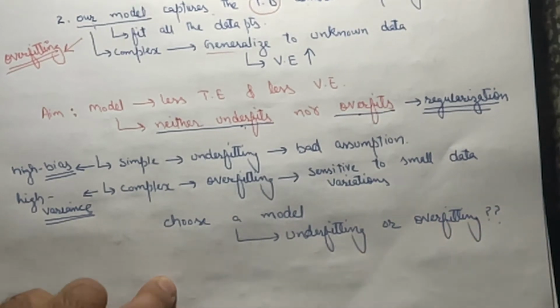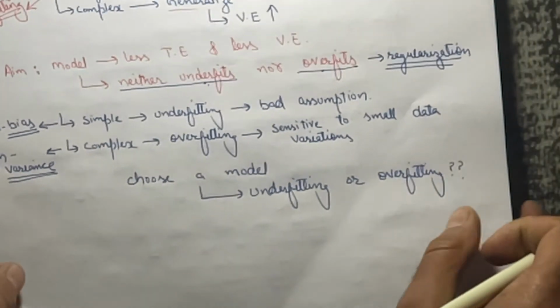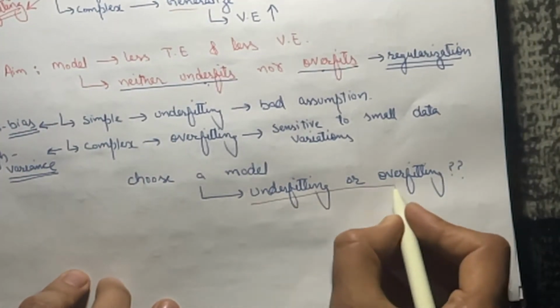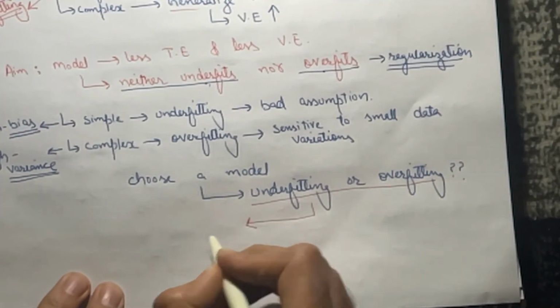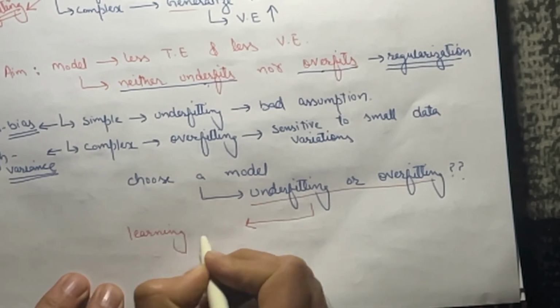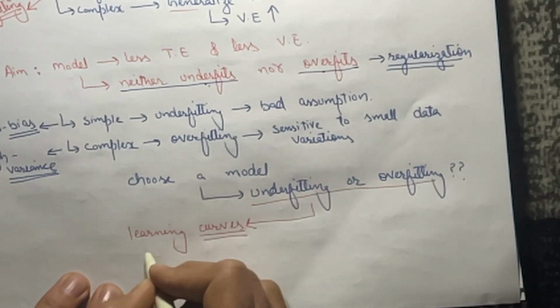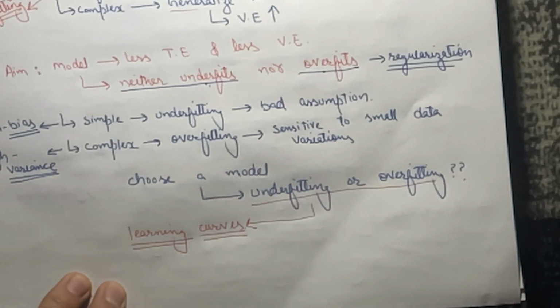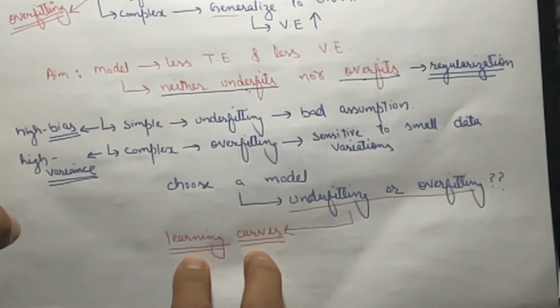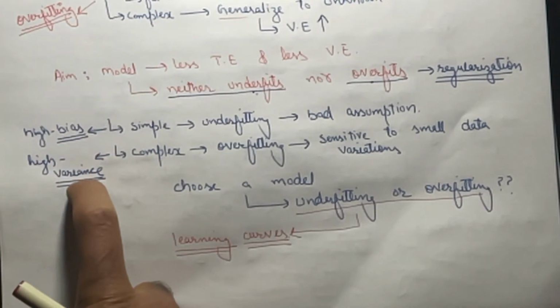How can we answer this? We can answer this by understanding the learning curves. I will make you understand what these learning curves are. First we will discuss learning curves, then we will see what is bias and what is variance.